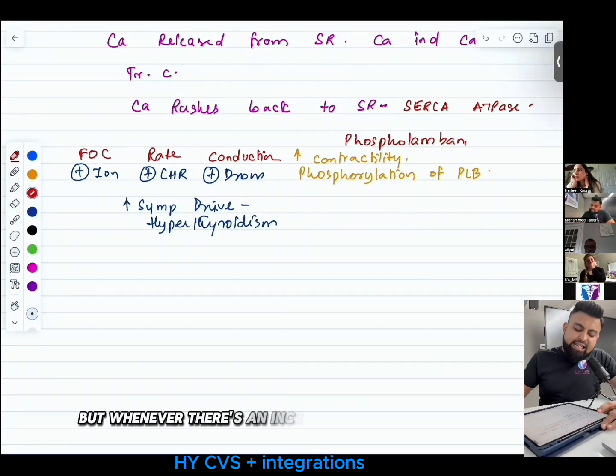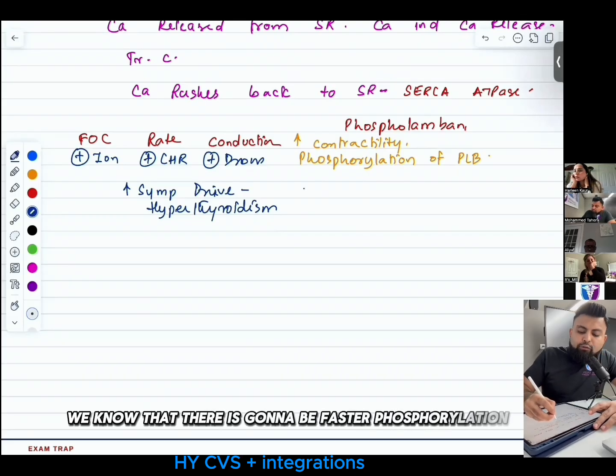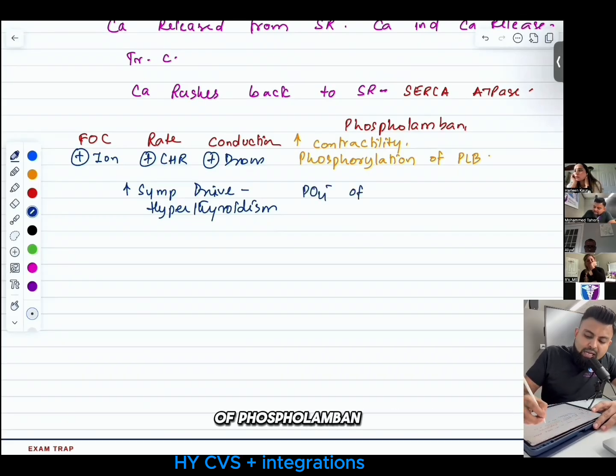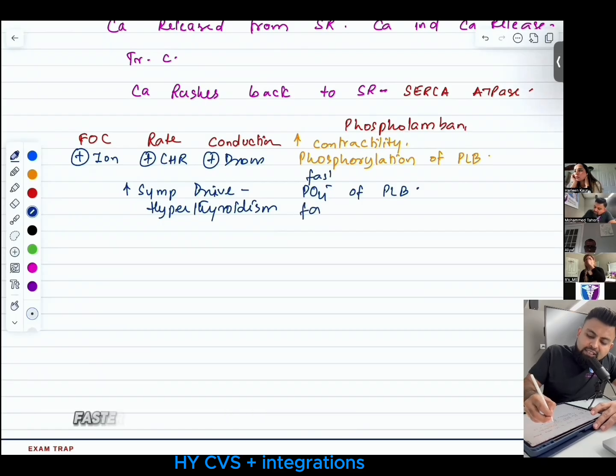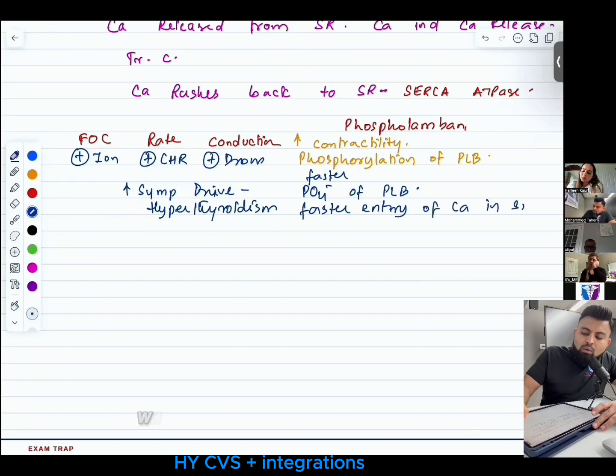But whenever there is an increase in sympathetic drive, there is going to be faster phosphorylation of phospholamban, right? And faster entry of calcium into the sarcoplasmic reticulum. Why?